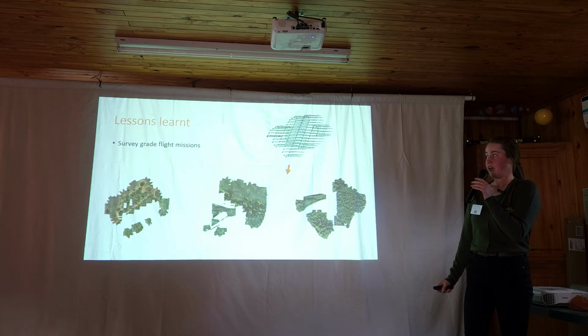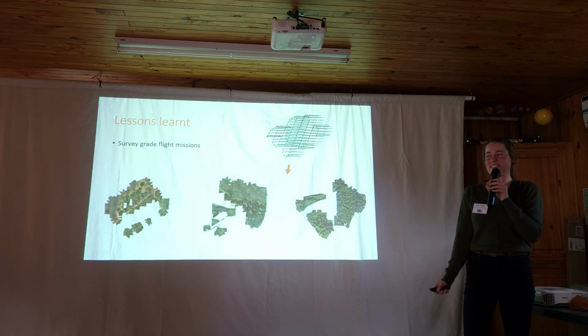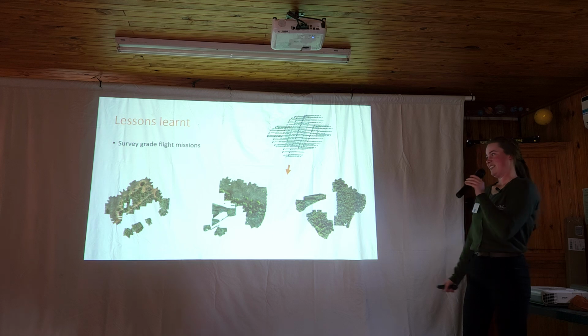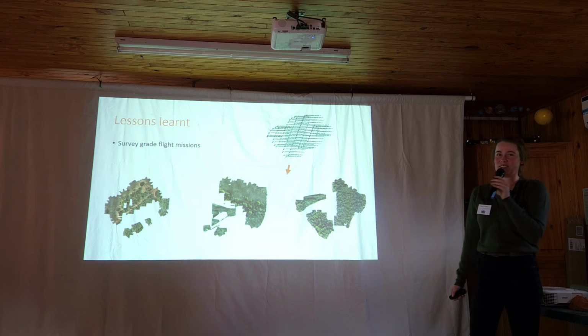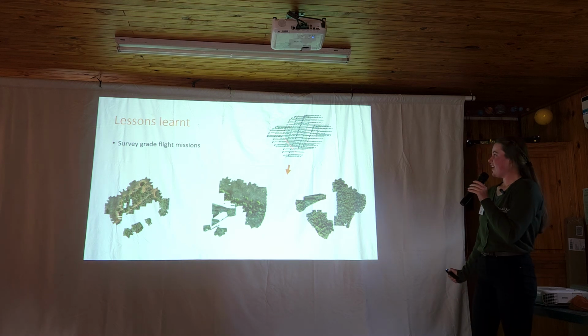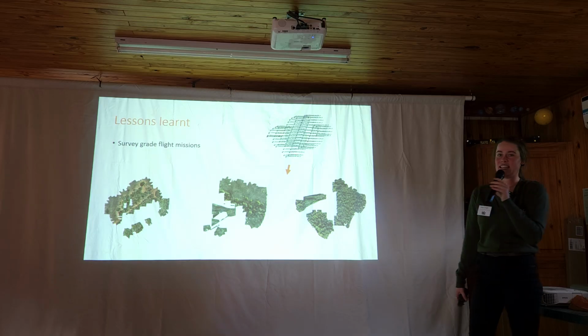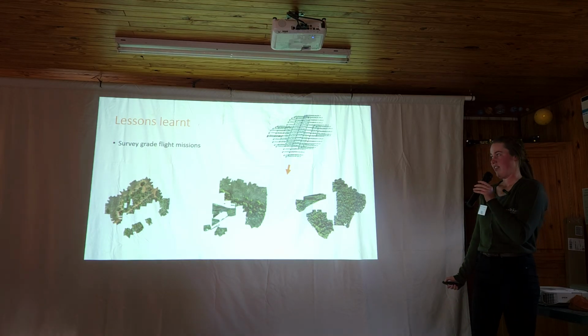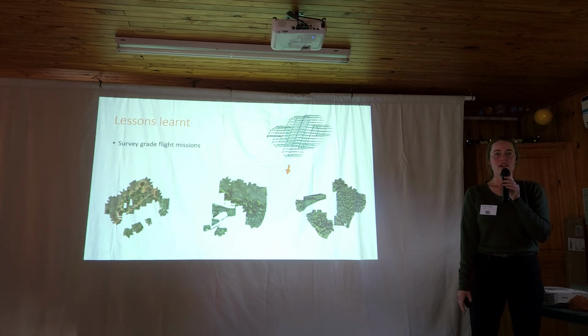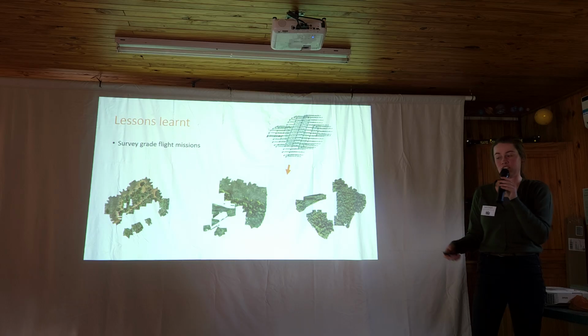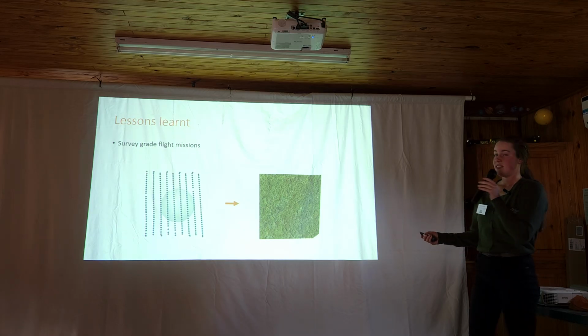Just for some lessons learned. So this is some of the outputs we had when trying to stitch our orthomosaics, which is not what you want. You can't really use this. So as you can see, this flight path is inconsistent, which is not what you want. So I think the gaps here are when there wasn't enough overlap or not consistent overlap for the photos to be stitched together. Whereas this is what you do want.